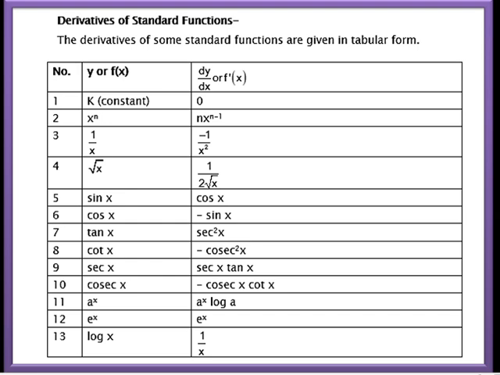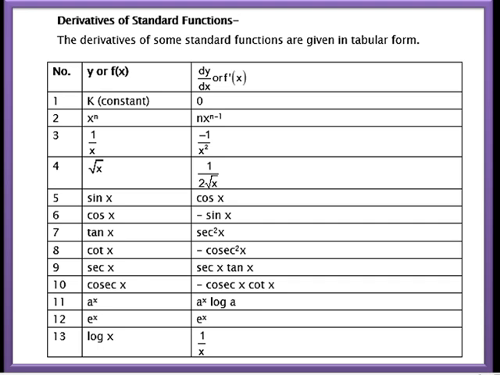We call them standard functions. Now the derivative of x raised to n is n into x raised to n minus 1. Observe that in x raised to n, the base is variable, the index is constant. So how to remember this? Derivative of x raised to n is n into x raised to n minus 1, that is index into x raised to index minus 1.